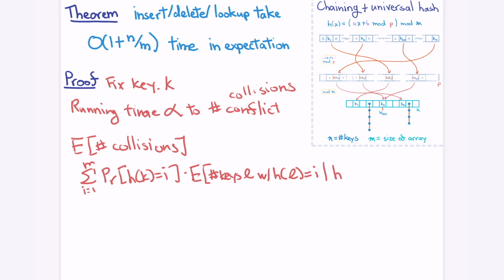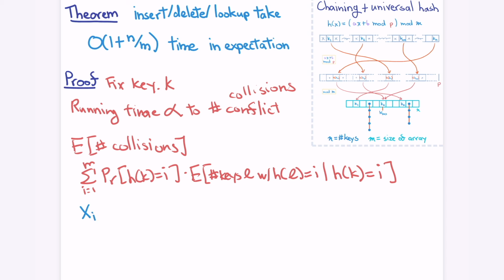You have to be a little bit careful here, because you're already assuming that hk goes to i, and assuming how many other things go to i. So instead, can you do what?